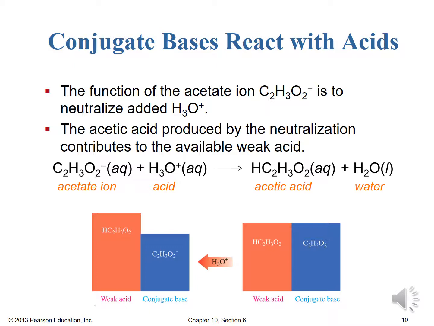Now, if we look at the right, we have relatively equal amounts of weak acid and conjugate base forms, and as we add H3O+, we have slightly more weak acid form, slightly less conjugate base form, and very little extra free H3O+. So again, if we added this to pure water, we might go down by 3 pH units. If we add this same amount of acid to the buffer solution, we might go down by 0.01 pH units.